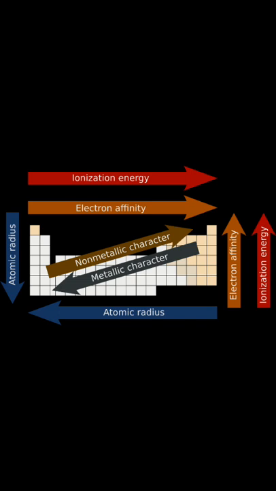Ionic radius is defined as the distance between the nucleus and the outermost shell of an ion, or it is the distance between the nucleus and the point where the nucleus exerts its influence on the electron cloud. Then the ionic radii of the elements exhibit the same trend as the atomic radii.